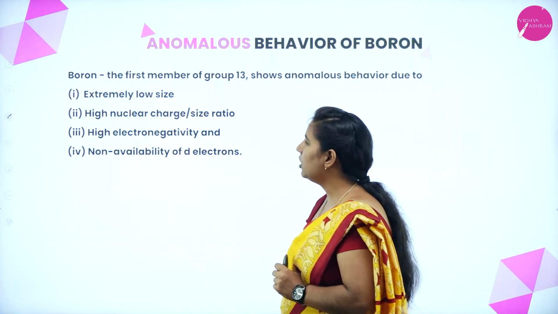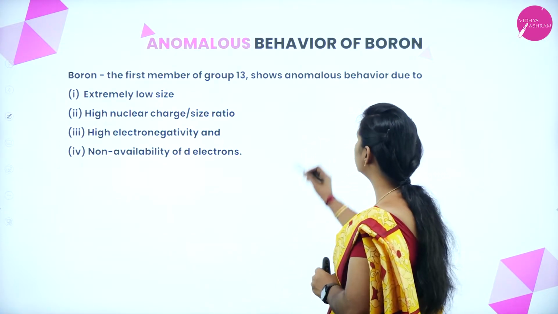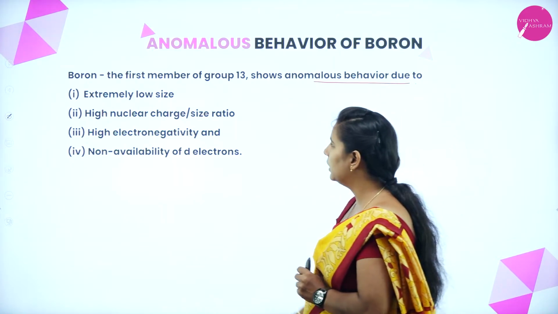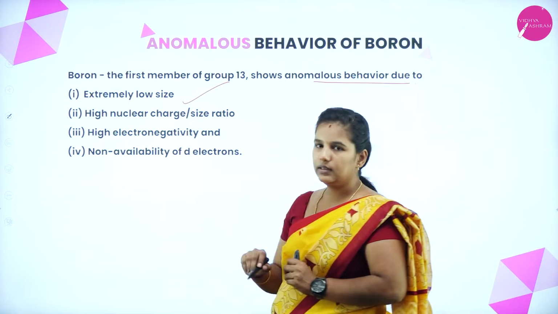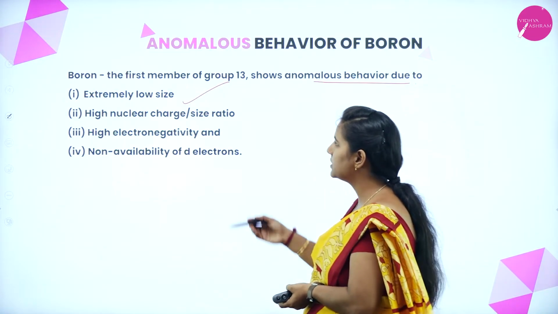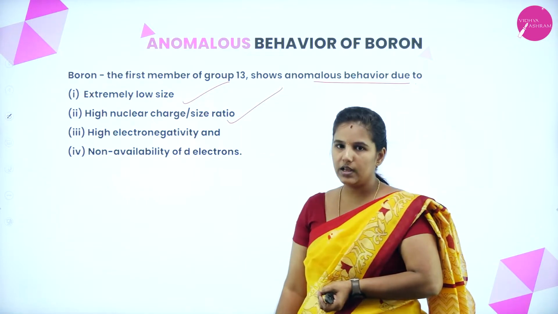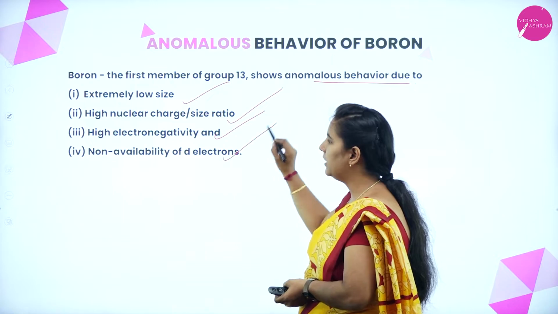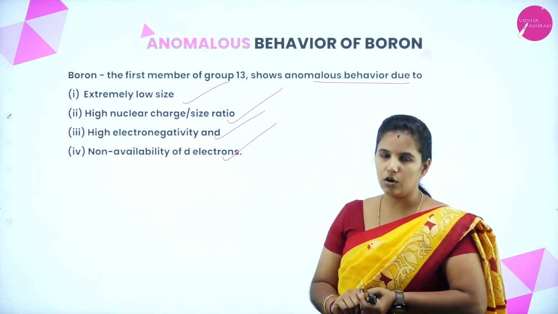Boron, the first member of group 13, shows anomalous behavior. This is mainly due to its extremely small size, high charge to mass ratio, or you can say high nuclear charge to size ratio, high electronegativity, and non-availability of d orbitals.